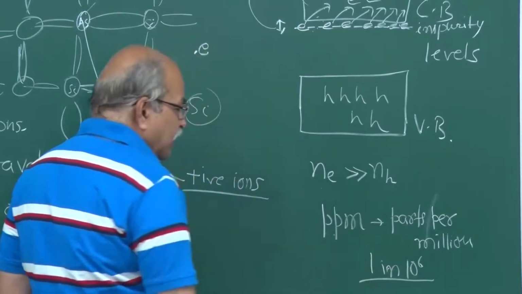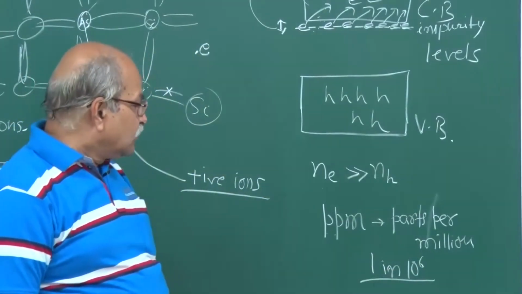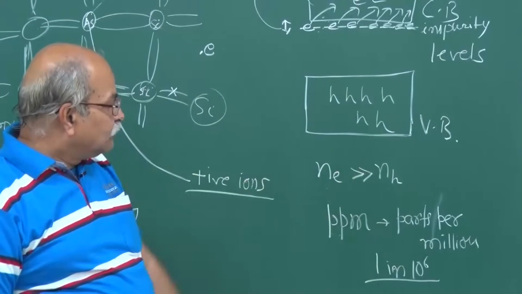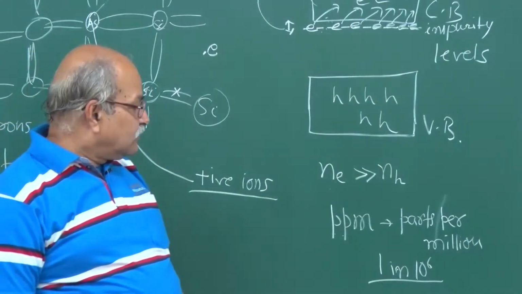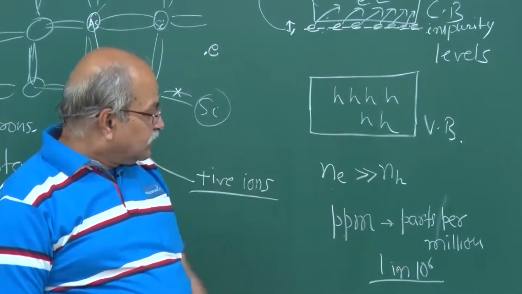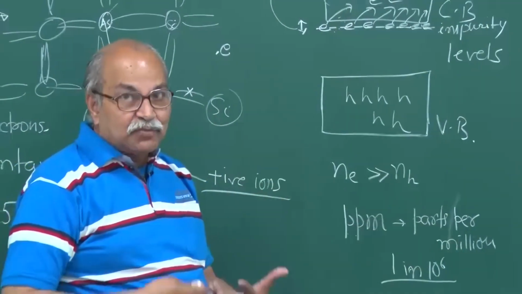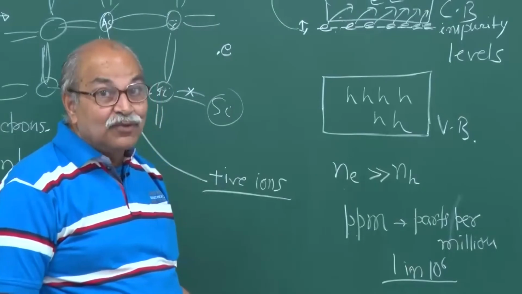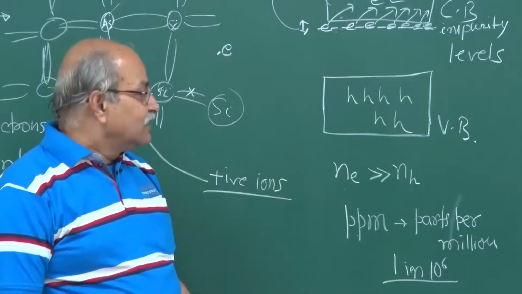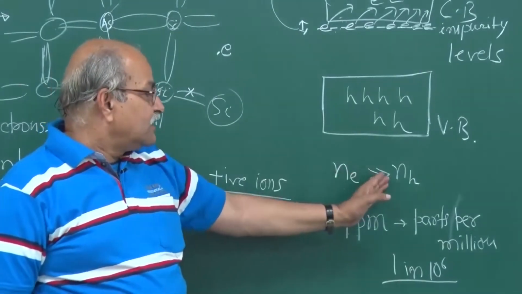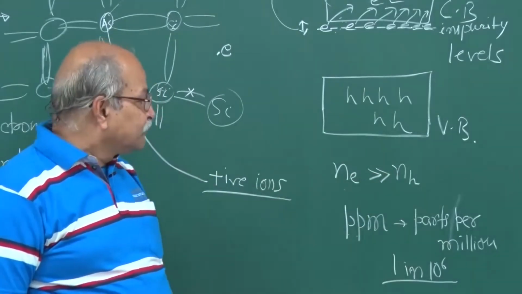So that is called ppm, parts per million. So if you do this type of doping, then you will have some 1 part in 10 to the power 6. So that's the fraction. You are putting new conduction electrons there, so this Ne will be much larger than this NH.